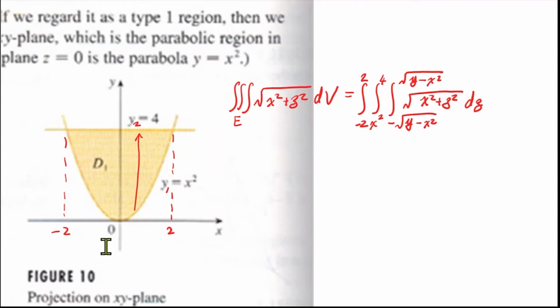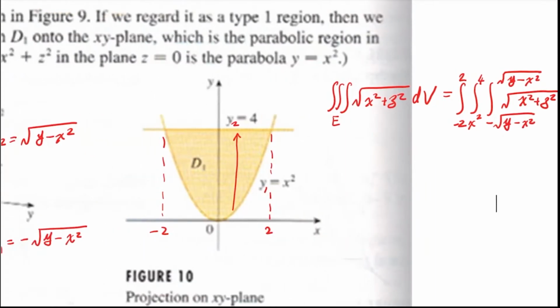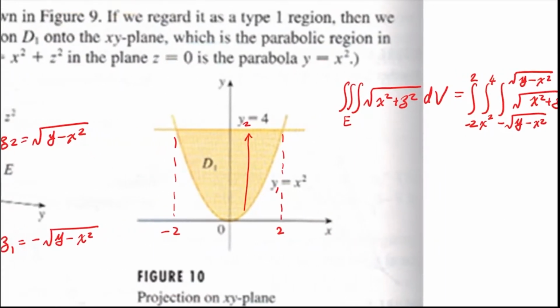Pretty awful, isn't it? How are you gonna evaluate this thing? I sure don't know how. So we have to get creative, especially when it comes to triple integrals. And I remember when I was taking this for the first time in college, one of the questions was you have to rewrite this integral.